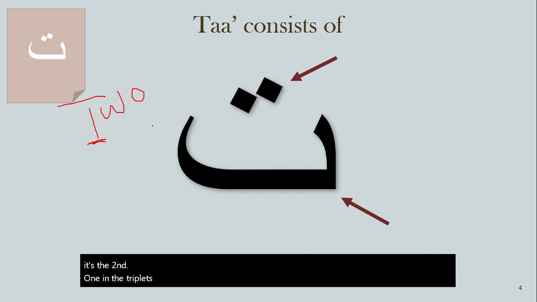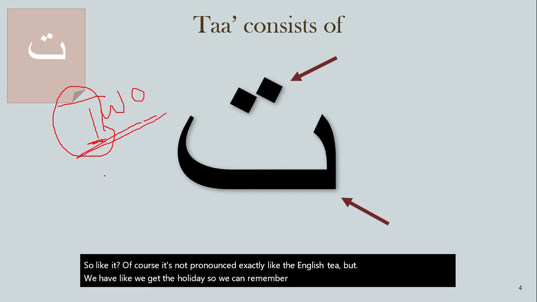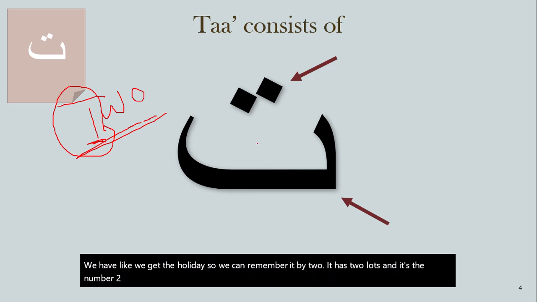Also, it's pronounced like ta. Of course, it's not pronounced exactly like the English T, but we get the idea. So we can remember it by 2: it has two dots, it's number 2 in the triplets, and it's pronounced like ta.